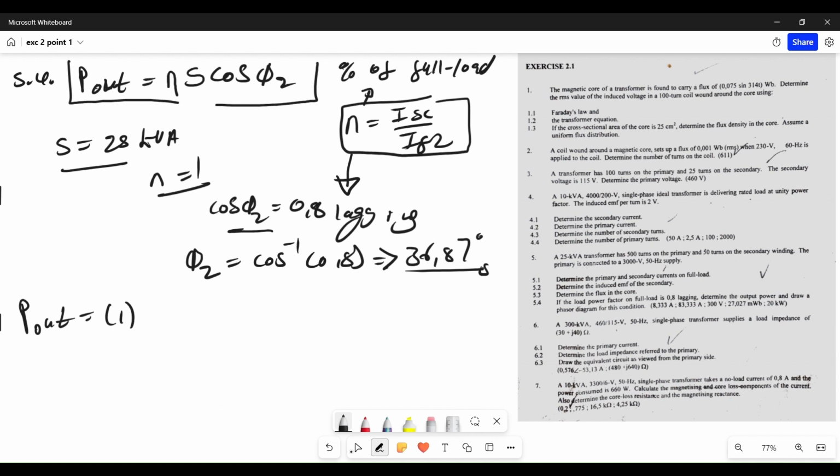So P out is equal to 1 times 25 times 0.8, which is equal to 20 kilowatts. That's our output power.